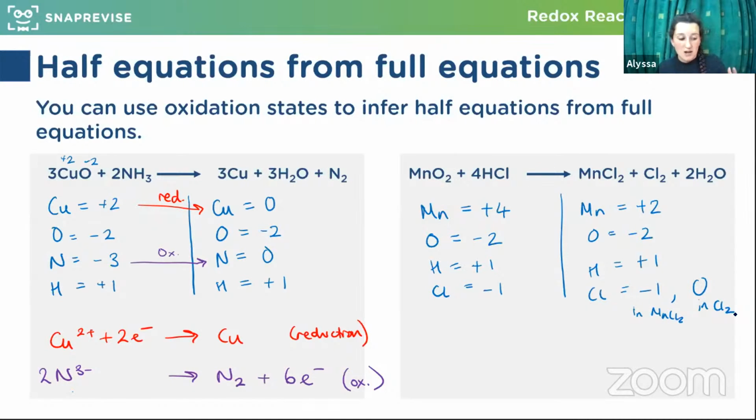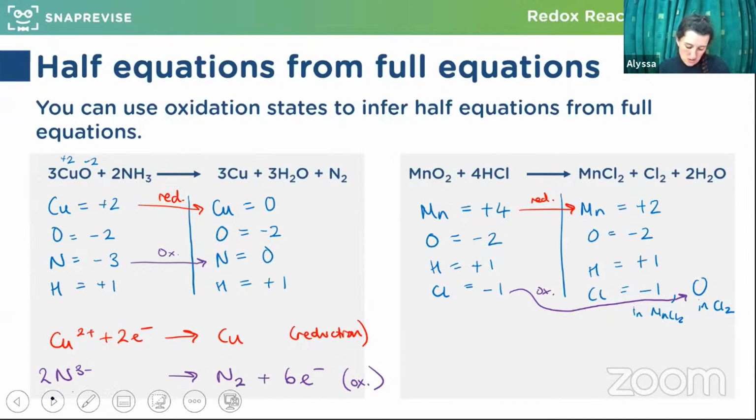So if we're going to write our half equations for this, we know that our manganese has been reduced and our chlorine has been, in one case, oxidized. So we should be able to write a half equation that shows exactly what's happened with the electrons.